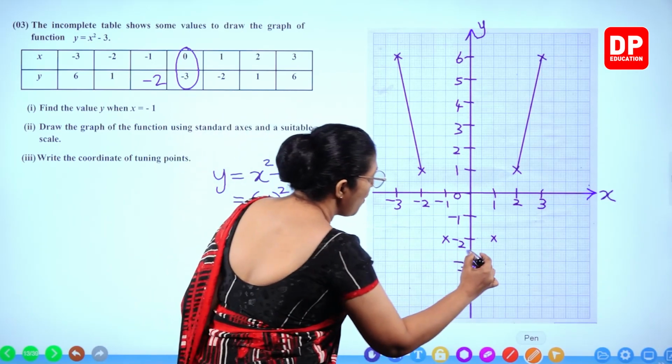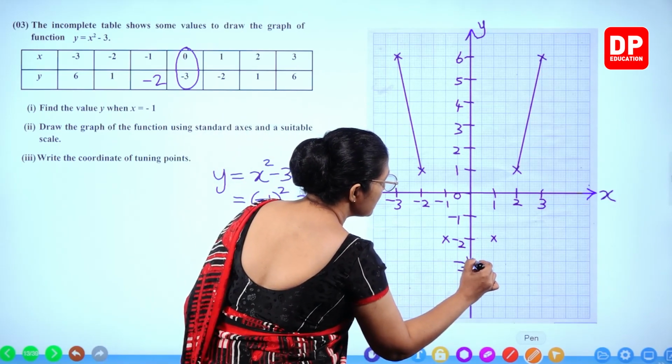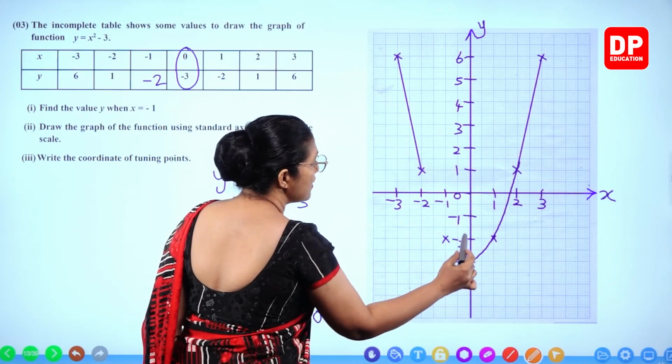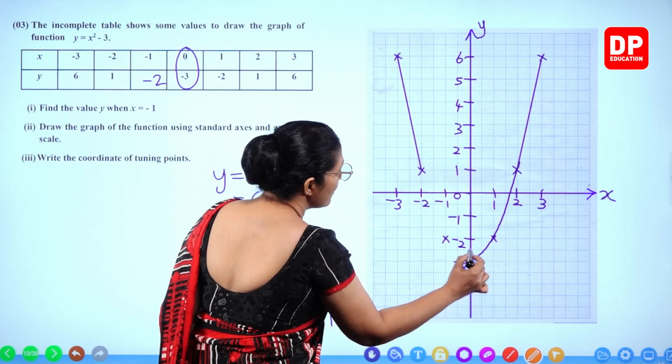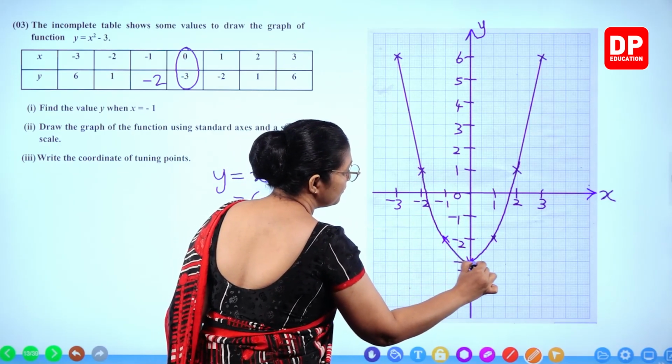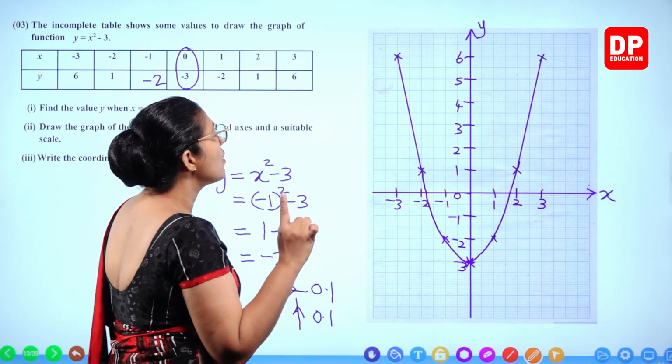So let's start from here. This is the vertex point. So when you draw the graph, you get this way like this. And what about this one? So we can start from here. So this is the quadratic graph.